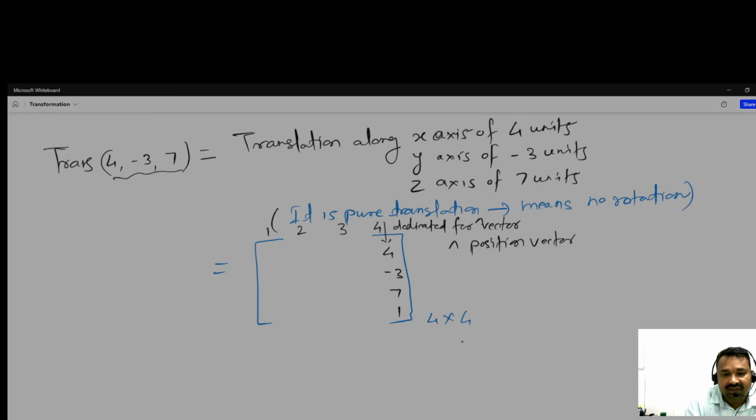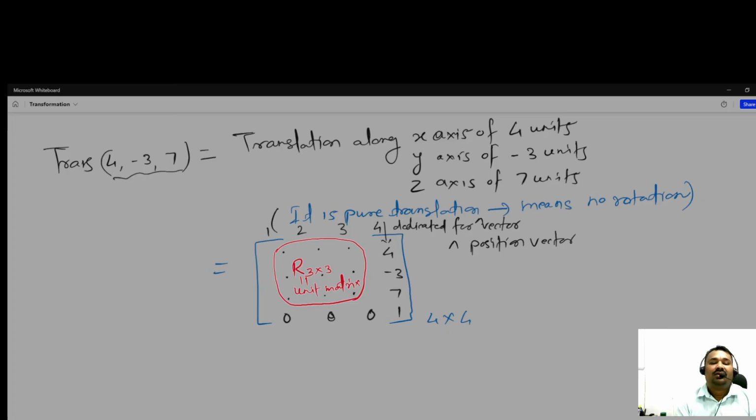The corresponding values in the last row will be 0, 0, 0. And what about this 3 by 3 part? This is the rotation matrix, of size 3 by 3. So here the rotation matrix will be a unit matrix.